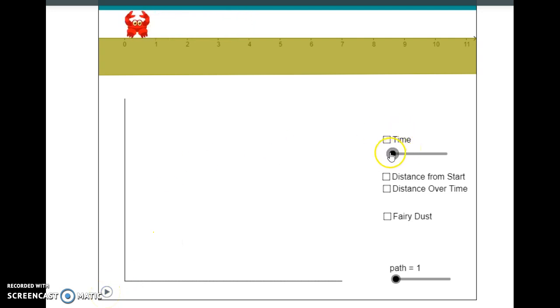Let's move this back over to where the crab's going to start. And this time I'm going to click on the time, and notice that we have a finger pointing here, and so this finger is going to keep track of time, and time's going to move along the horizontal axis. So when I push play again, and you watch the crab move and the hand move at the same time, you'll see what's happening with time.